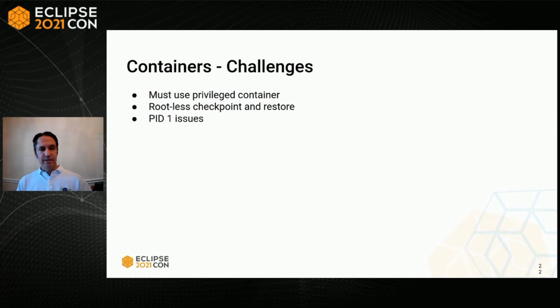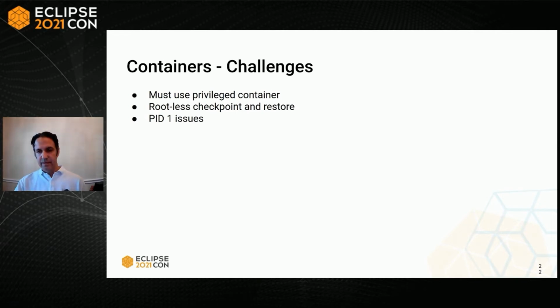But the problem with CRIU is if you're PID1, then CRIU needs to get itself out of the PID tree in order to checkpoint the actual process. But if the process is PID1, there's no place for it to go. So it just bails out and fails. So we need another process. We've been using something called dumb-init in order to make Liberty not be PID1 when we're doing a checkpoint and restore.